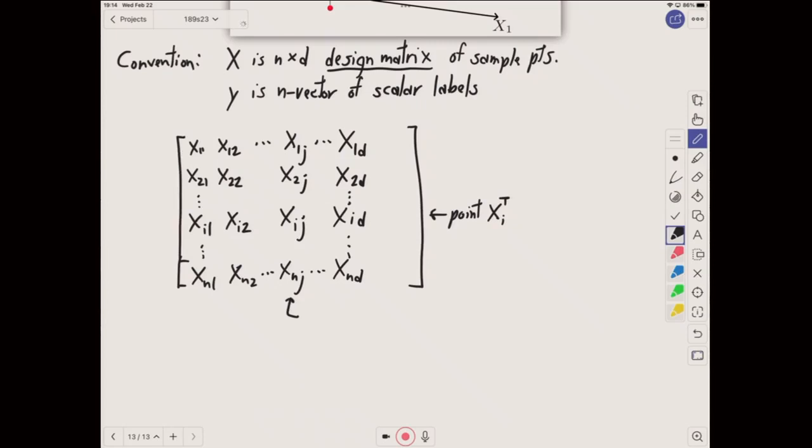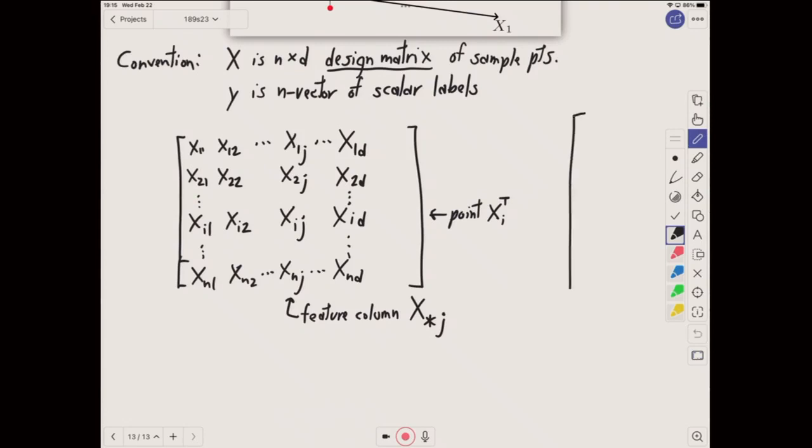Also, sometimes we're interested in talking about the columns of this design matrix. And so if I have a feature column and I want column j, then I'll use the notation x, and then the subscript will be an asterisk, kind of a wild card, and then a j to represent that column.